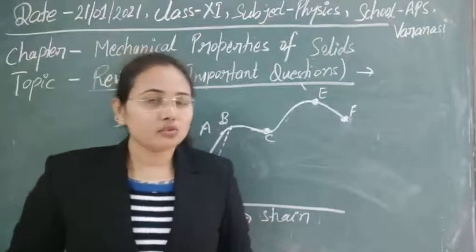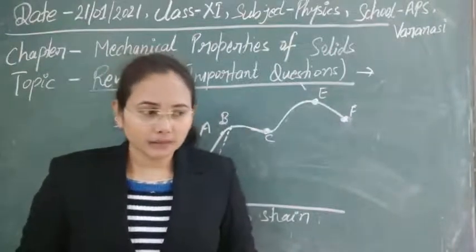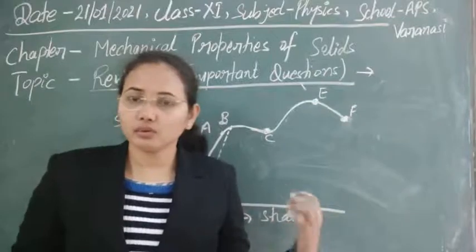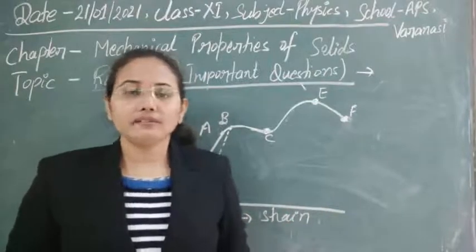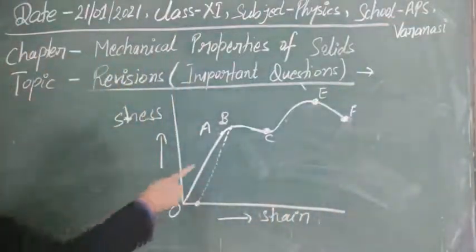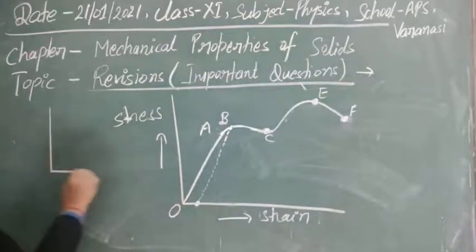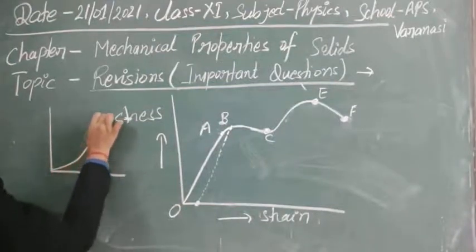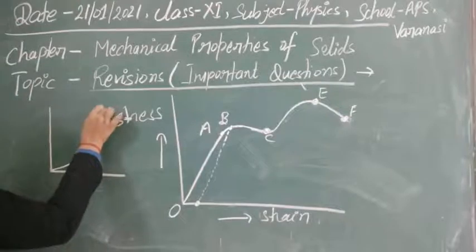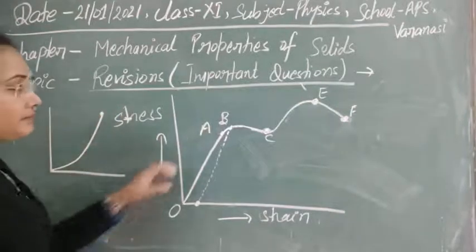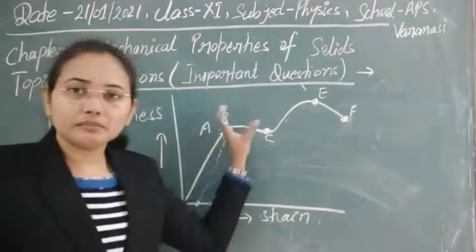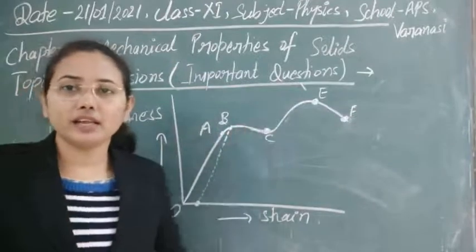Elastomers are materials that do not obey Hooke's law. If you plot the stress strain graph even under the elastic limit, the graph is something like this, and its yielding point is very high.